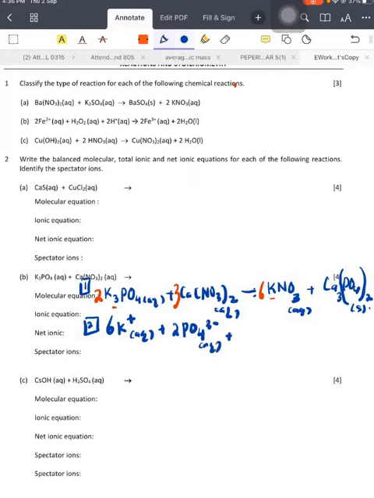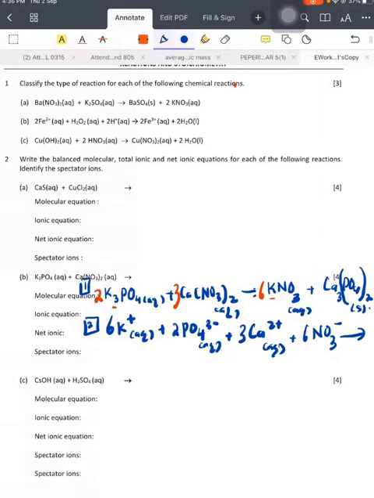And then campur dengan calcium 2 plus? 3. Okay. And then campur dengan? 6. Macam mana dapat tu? Okay. So NO3 ada 2 tapi kat depan tu 3 pula. So 2 darab 3, 6. 6 NO3 minus. Okay. Dah selesai produk, selesai reactant.